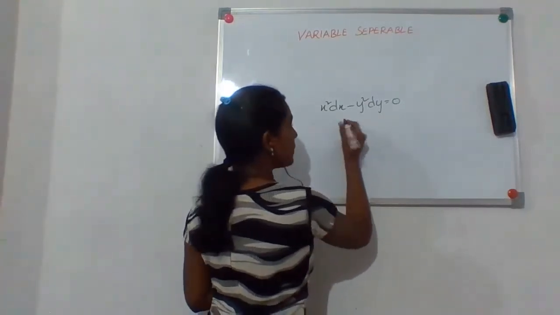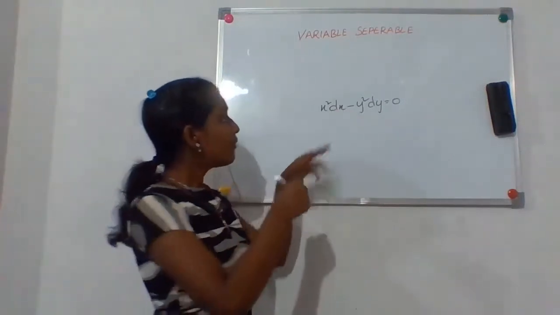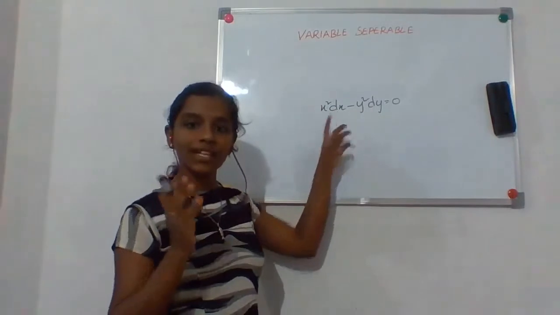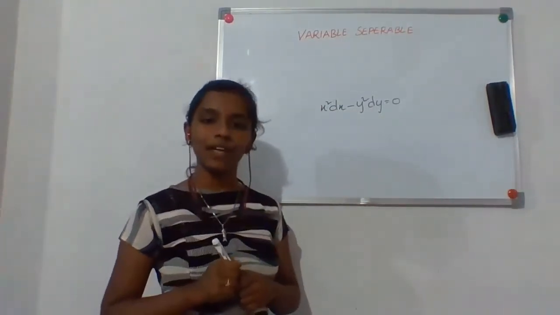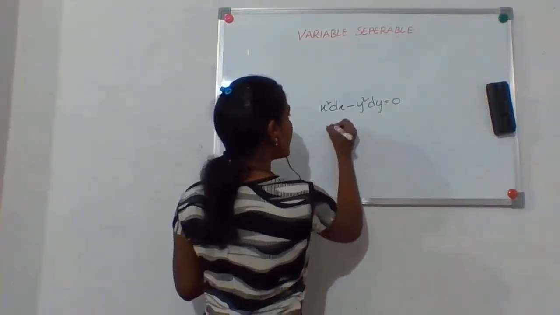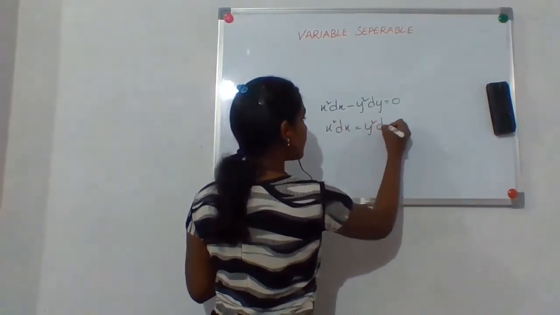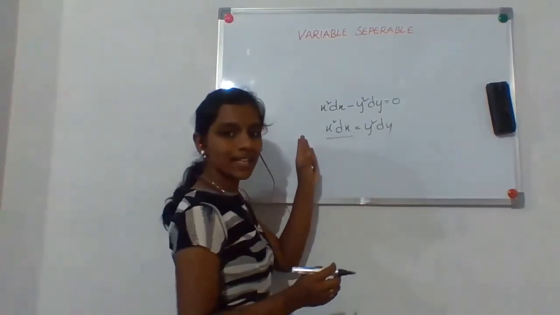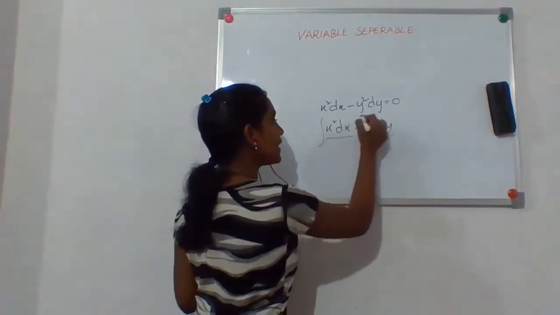Here in variable separable, what we are going to do is bring all the x terms to the side of dx, all x terms on one side and all y terms on the other side. Understand? So if we do this for the sum, x square dx equals y square dy. Now you can notice that all the x terms are on the LHS and all the y terms are on the RHS. Now we are going to integrate it.